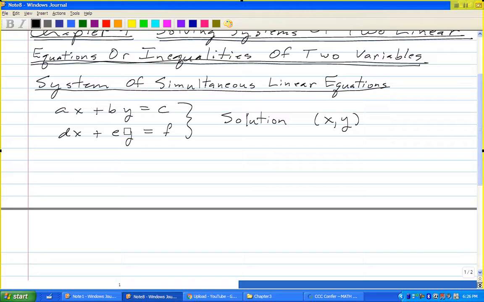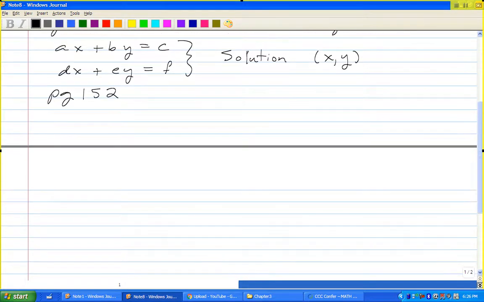Let's say on page 152. Let me do problem number 1. I have the first equation, let me call it R1, 4x minus 3y equals 6.